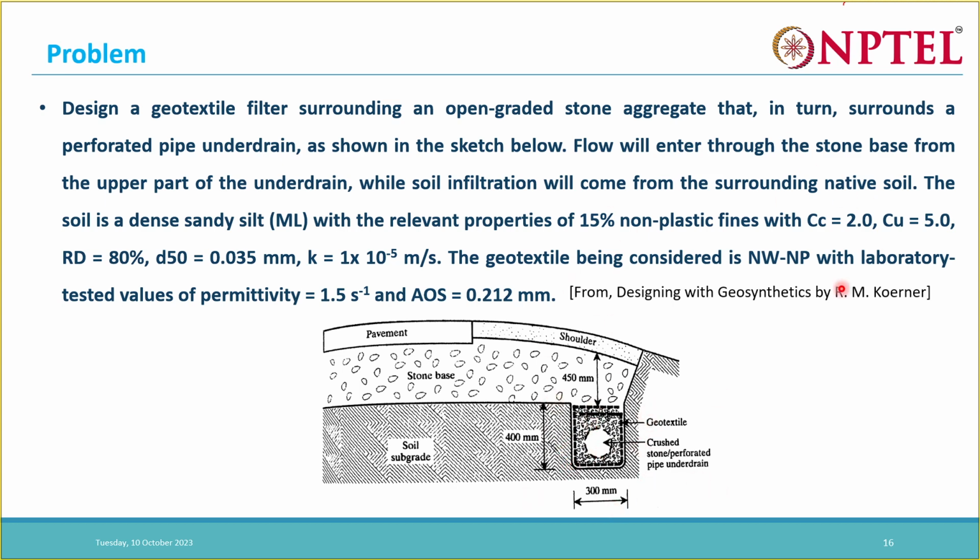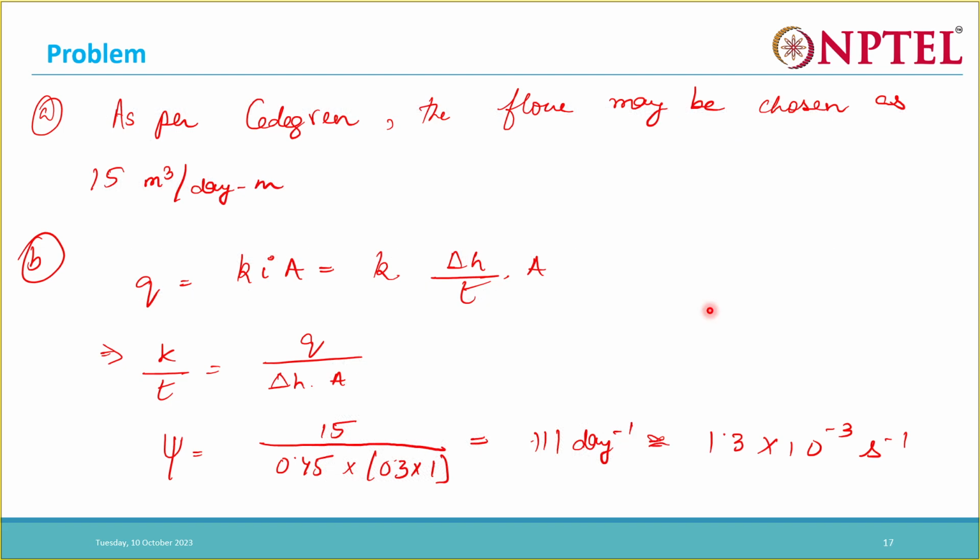Similarly, the properties of the soil are given, and the candidate geotextile properties are given, permittivity and apparent opening size. First we choose the flow that might be occurring. They have taken 15 cubic meters per day per meter. Then we find the required permittivity, same as before.